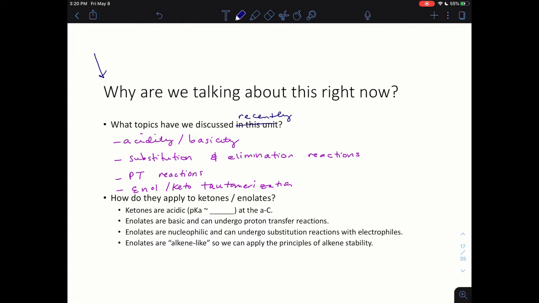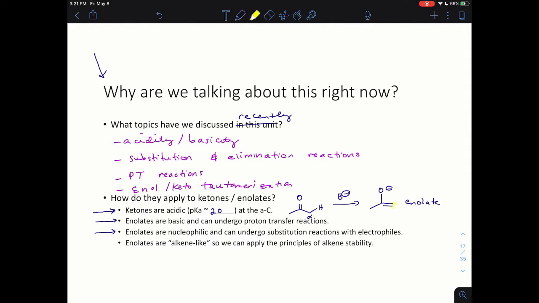Ketones are acidic, and they have a pKa of about 20 for the alpha carbon hydrogen, and they can be deprotonated to generate an enolate. Now, enolates are basic, and they can undergo proton transfer reactions. They're also nucleophilic, and they can undergo substitution reactions.